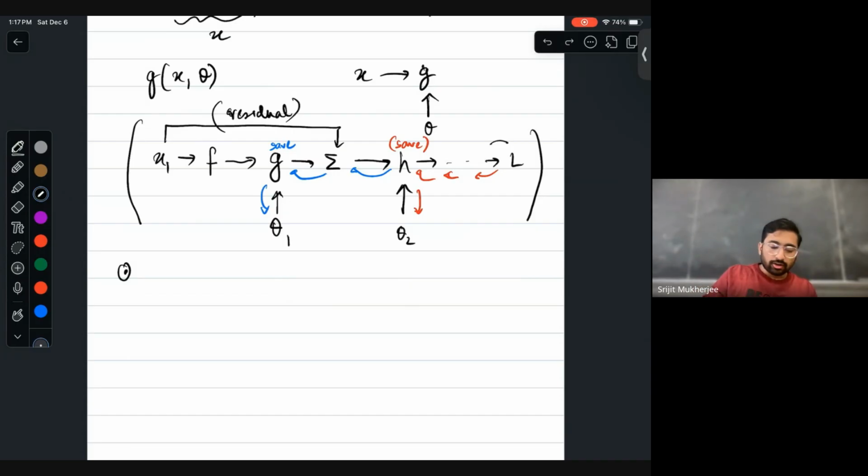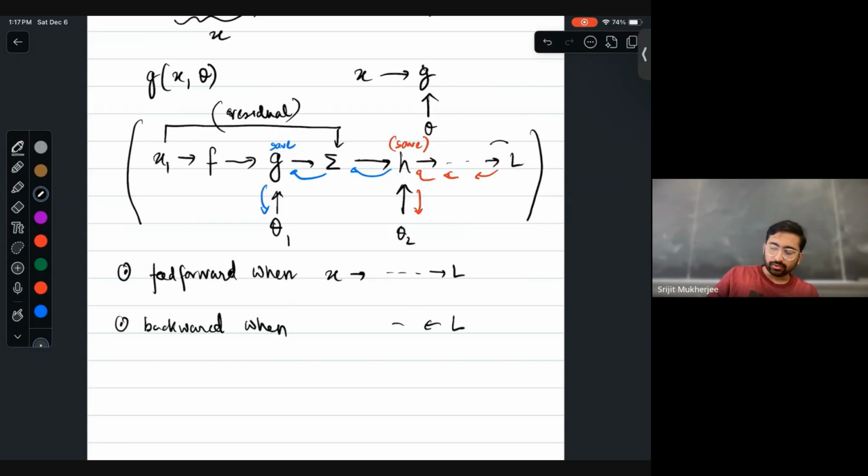Feed forward is when you propagate to find the loss. So you find x, and so on, to find the loss, and backward is when the loss is taken backward to find theta 1, theta 2.